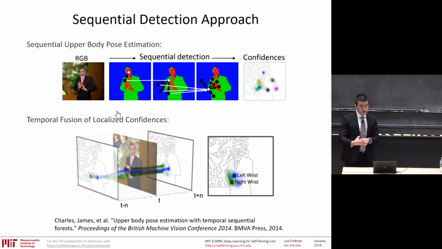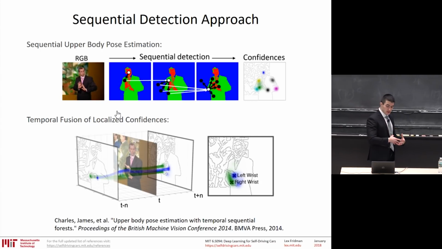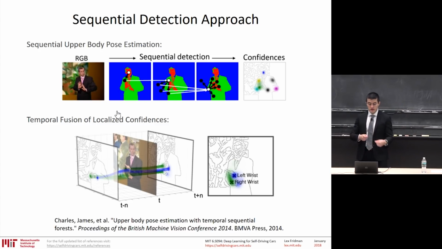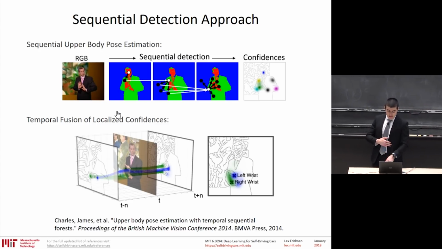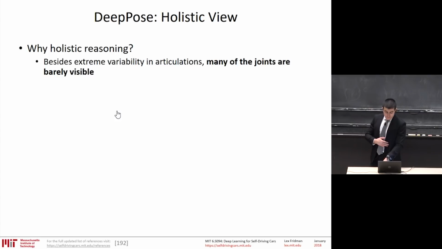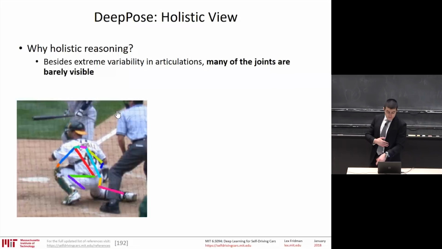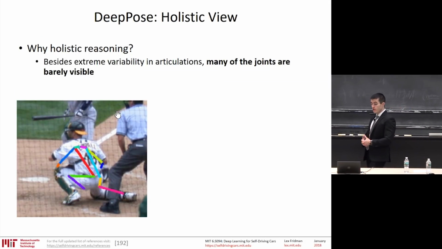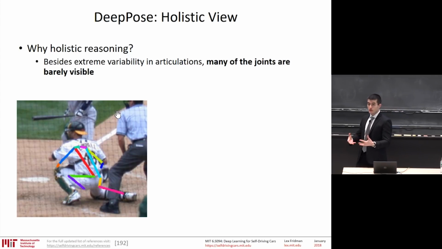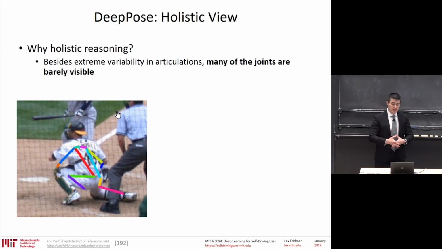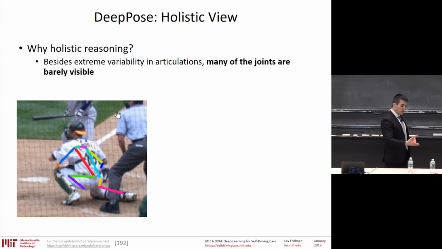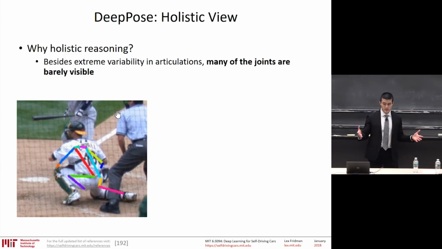So some of the more traditional methods were sequential. Detecting first the head, and then stepping, detecting the shoulders, the elbows, the hands. The DeepPose holistic view, which has been a very powerful, successful way for multi-person pose estimation, is performing a regression of detecting body parts from the entire image.